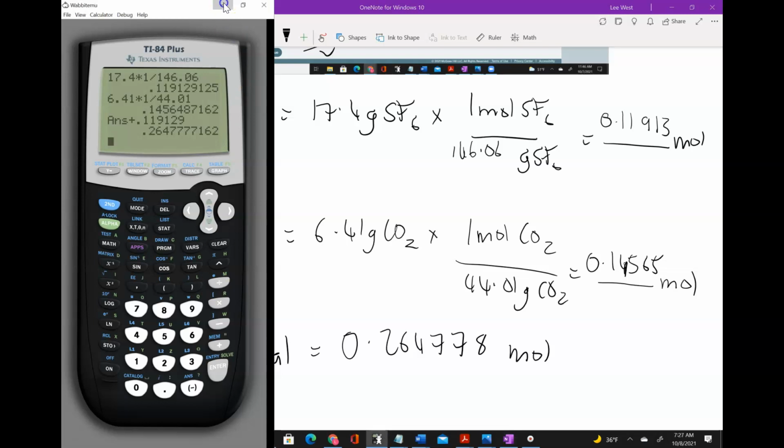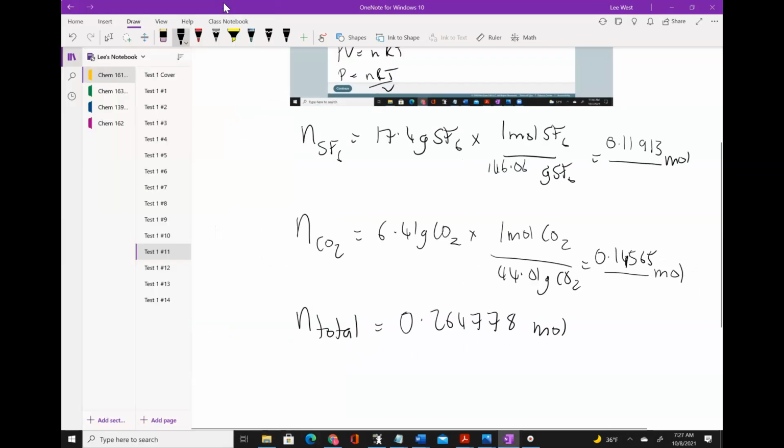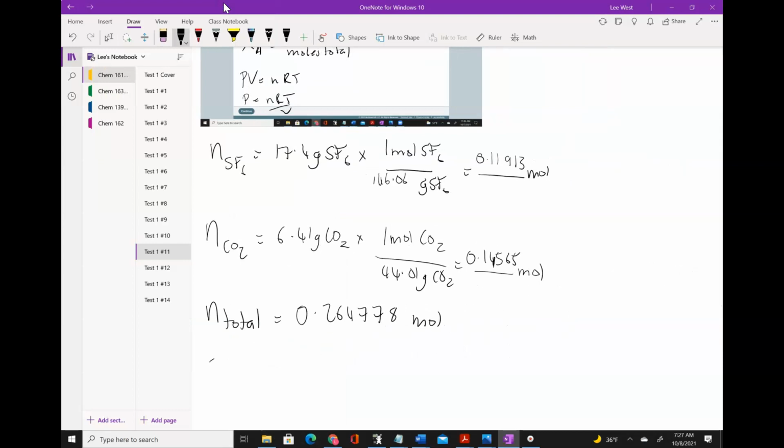Alright, so to get my mole fractions of my different components, my mole fraction of SF6 is just going to be my moles of SF6 over my total moles, and that's it. Now sometimes people feel like, oh, I'm calculating a percentage here, I should times it by 100.